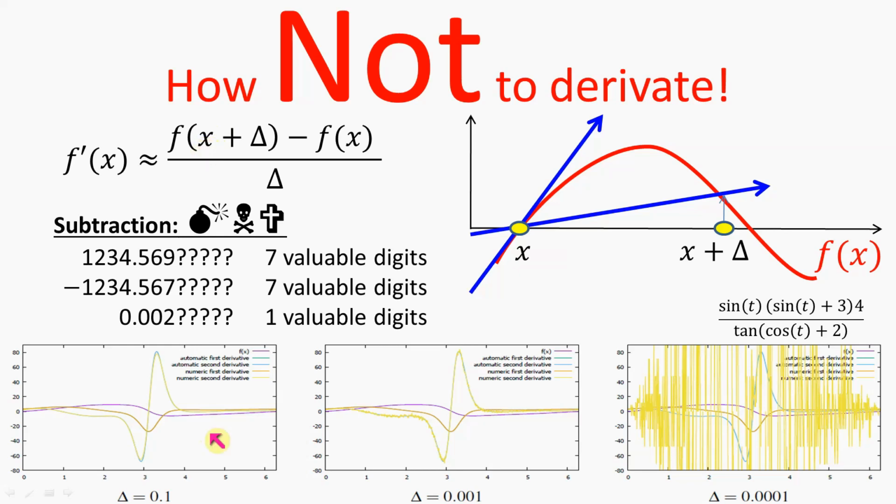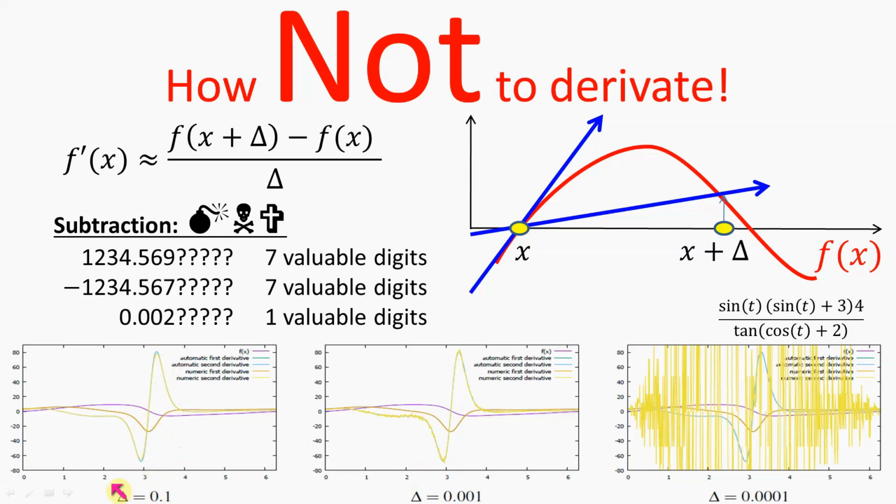Let's see what it means when derivatives are computed. I have taken this not too complicated function and computed the first and second derivatives analytically and also with this numerical derivation scheme. When this delta is 0.1, we can see that the approximation is quite good except at those locations where the curvature is very high.